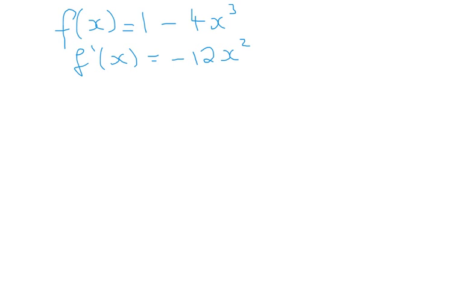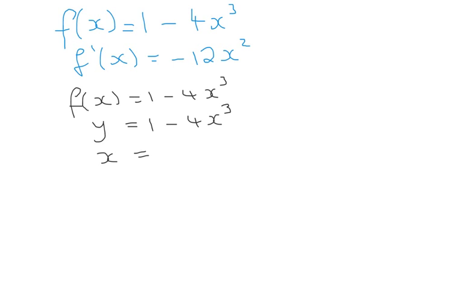Now to work on the inverse function. The original was f of x equals 1 subtract 4x cubed. So we replace f of x by y, 1 subtract 4x cubed. Swap the x's and y's and transpose for y.